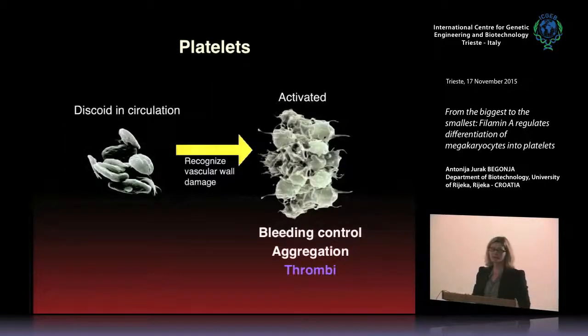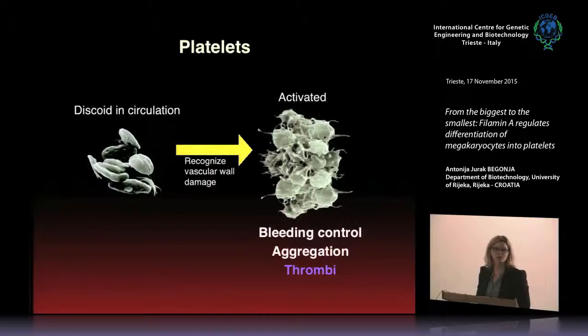The major role of platelets is that they recognize vascular wall damage. When they are in resting state, they are discs, but once they see extracellular matrix proteins in your vessels, they will start to be activated and they will make aggregates, and this is how they will stop bleeding. In recent years, there have been many studies on other roles of platelets.